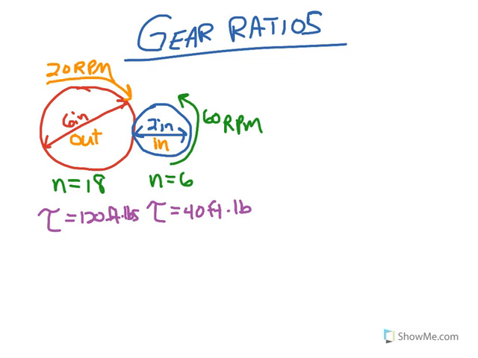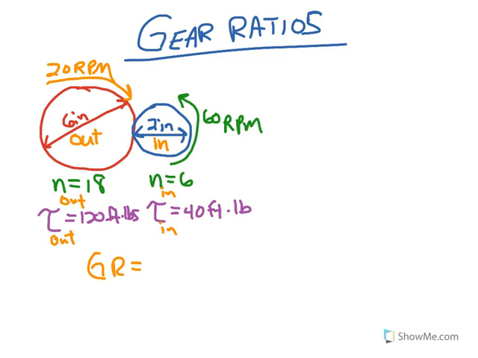So already as I've labeled this, I don't like how I've labeled it. If you're going to have in and outs, and you're going to have two different N's, you can't just say N is 18 and N is 6. You have to make sure you say N for the in, N for the out. Tau for the in, tau for the out. That's important.